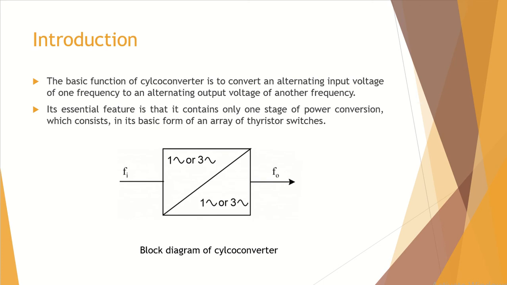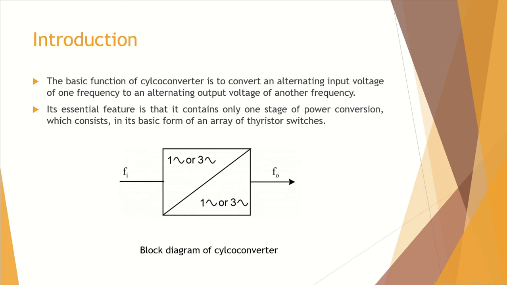The basic function of a cycloconverter is to convert an alternating input voltage of one frequency to an alternating voltage of another frequency. What does it mean? That the output and input frequencies are different in a cycloconverter.